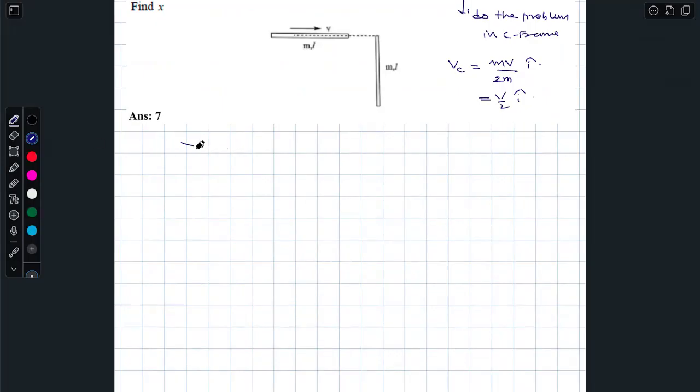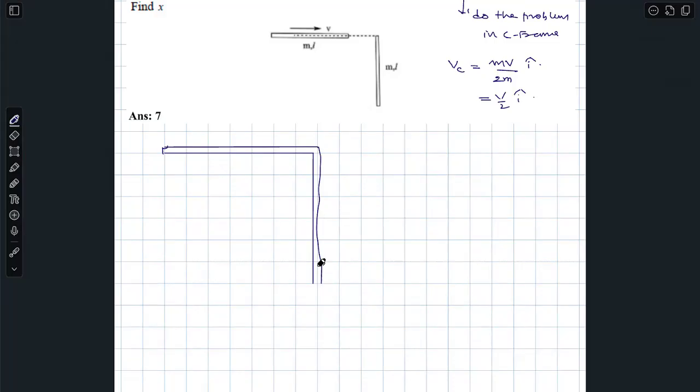Simply mv by 2m I cap, which is v by 2 I cap. Now for this system, that's the center of mass of the system. Location of center of mass of the system.